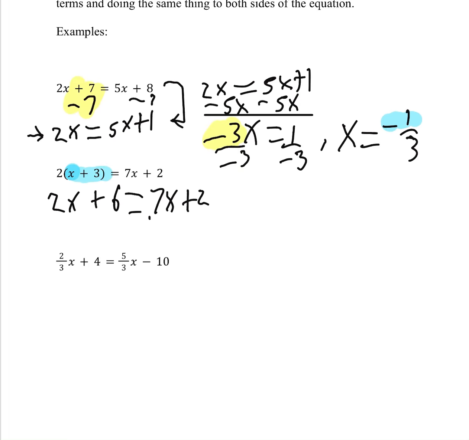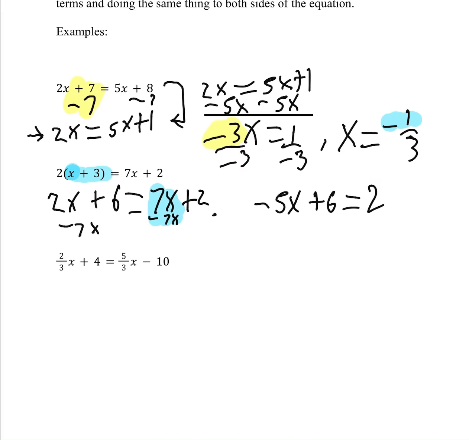So I'm going to try to get the x's on one side, 7x minus 7x. So then that means we have 2x minus 7x is negative 5x. We didn't do anything with the 6. And then the negative 7x and positive 7x go away.